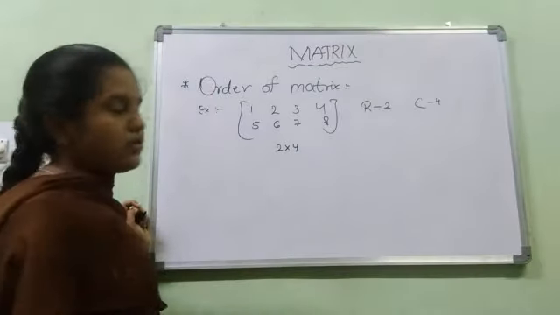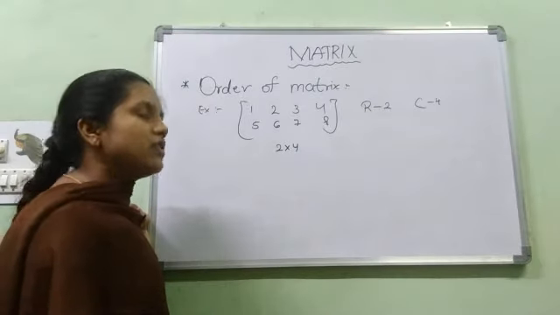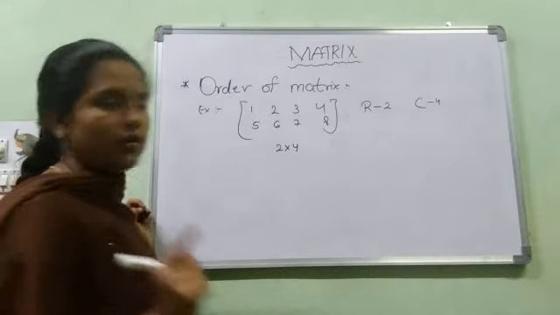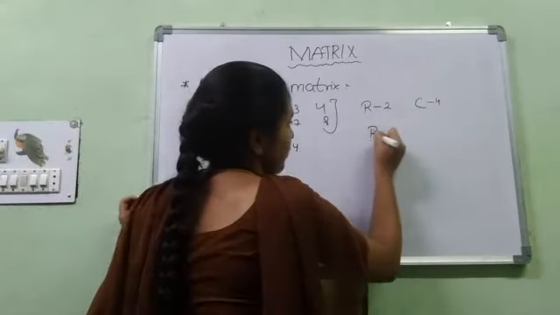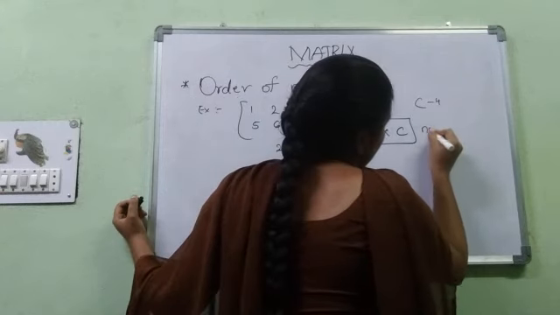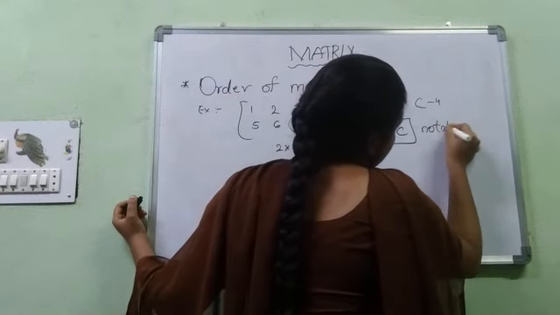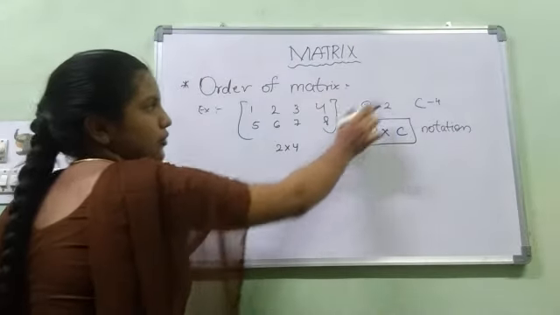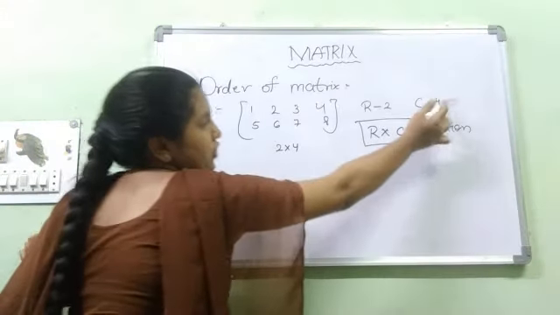By this you have understood that the order of a matrix is represented by R into C notation. Note this down, it is very important. R is the number of rows, 2, and C is the number of columns, 4.